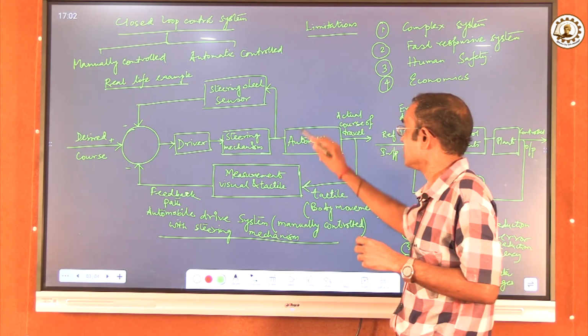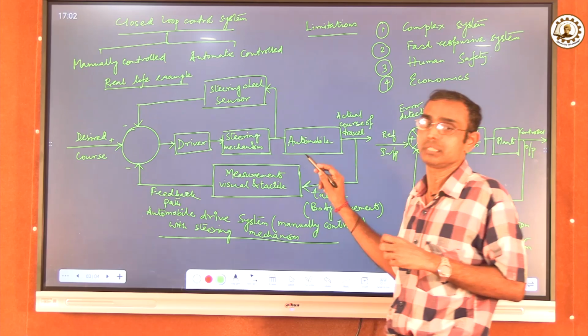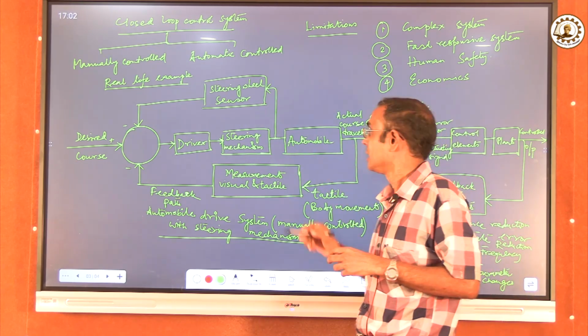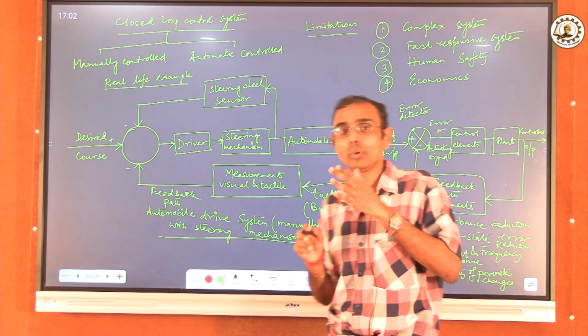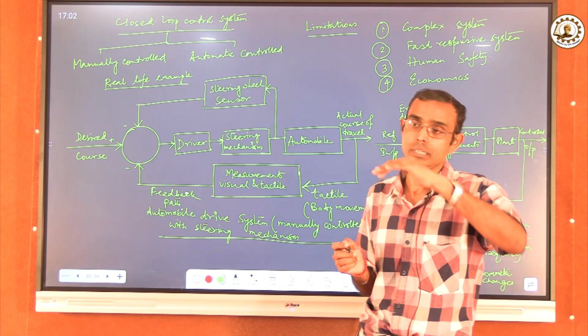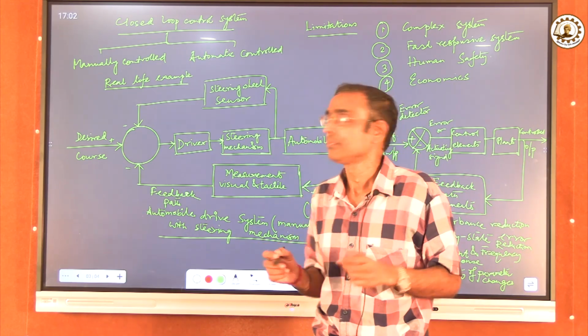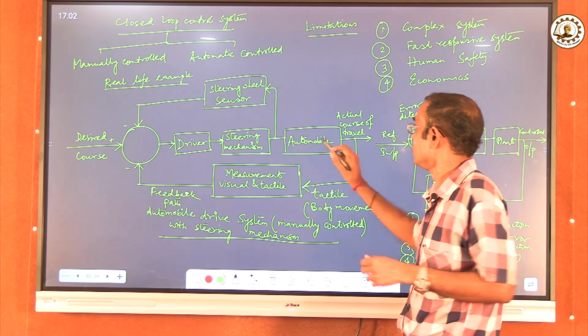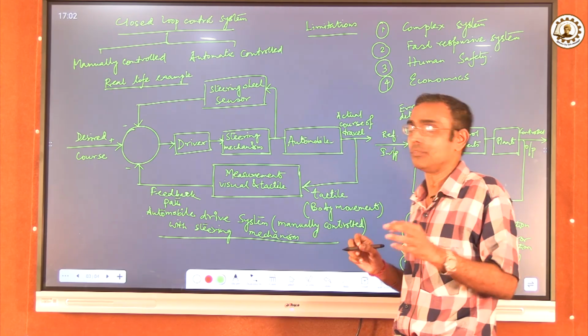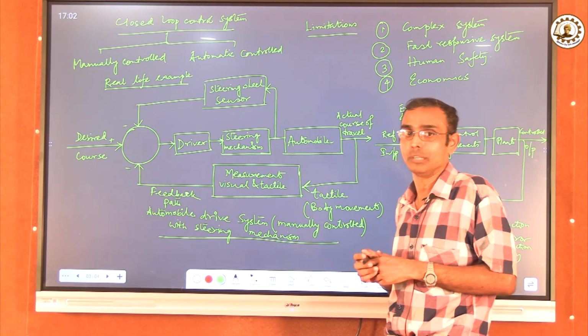That will be driving the system, which is the plant or the process in the diagram, that is the automobile. And that automobile is going as per the direction given by the driver through his steering. The vehicle is moving in a particular course of travel, and so this is the actual course of travel.